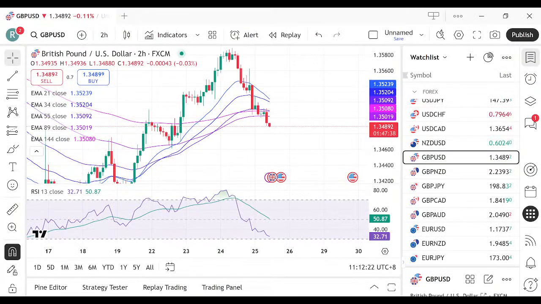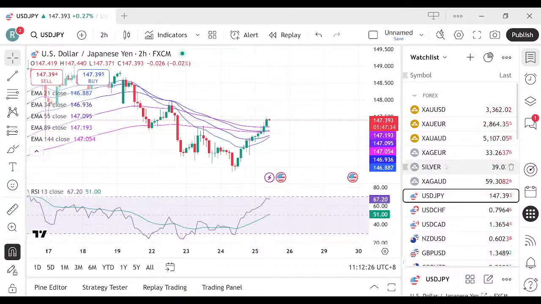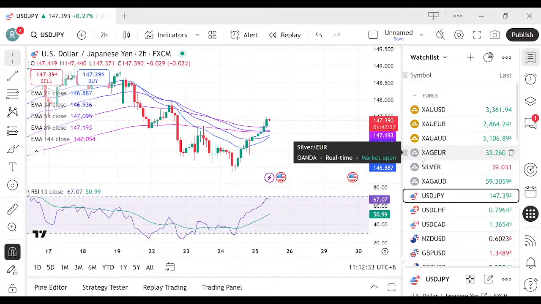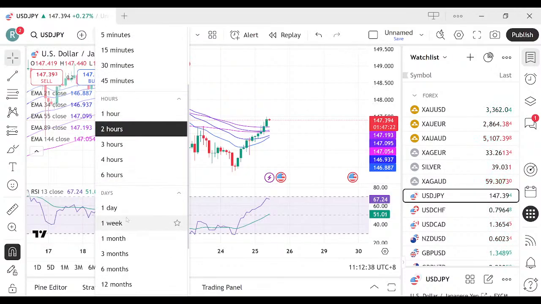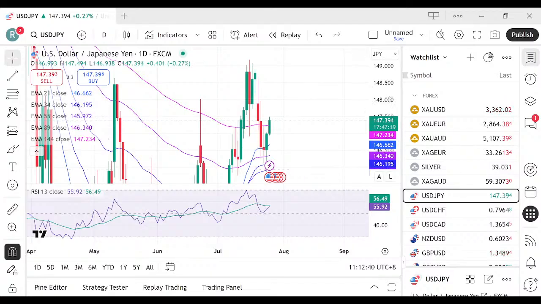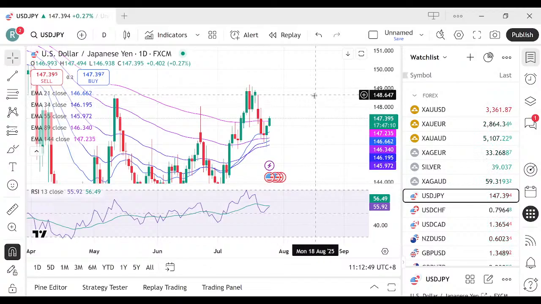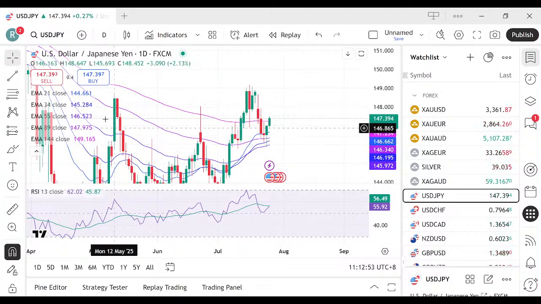So let's move on to the next currency, which is the dollar yen. The dollar yen looks like we may have seen the bottom on the hourly and daily. Looking at the daily, it is making higher lows. So the target should be somewhere near 47.95, 48, and 48.50. That should be our target for today.